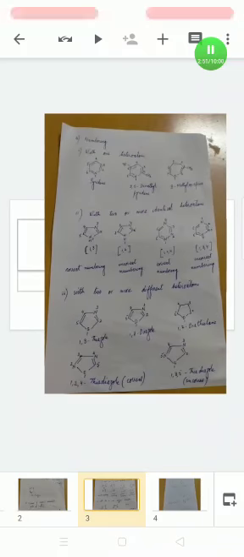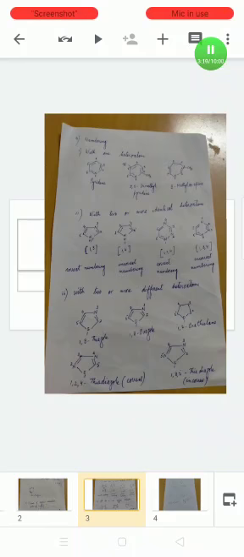Now the next rule is numbering. With one heteroatom, the numbering in the ring starts from the heteroatom giving the position 1 and proceeds in such a way so as to give the lowest possible locant to the substituent if present.